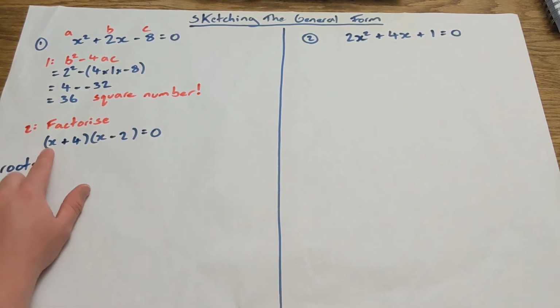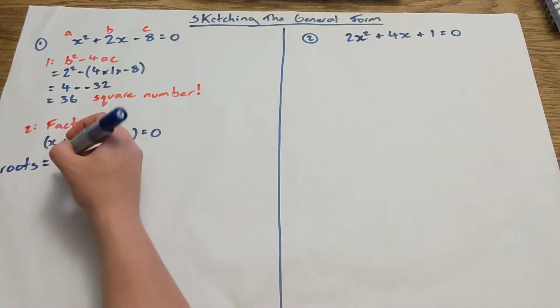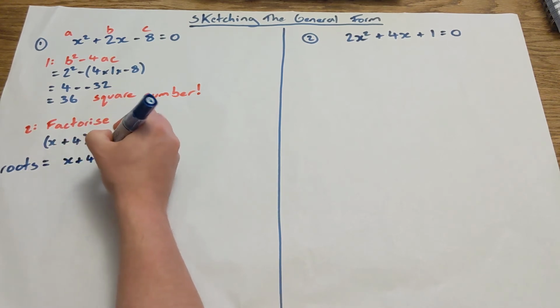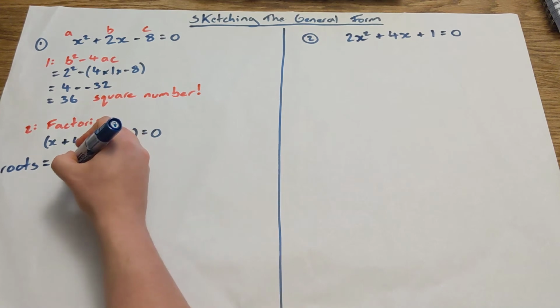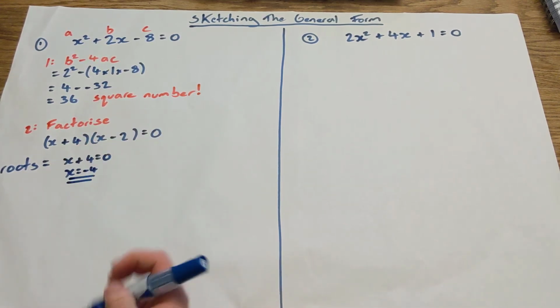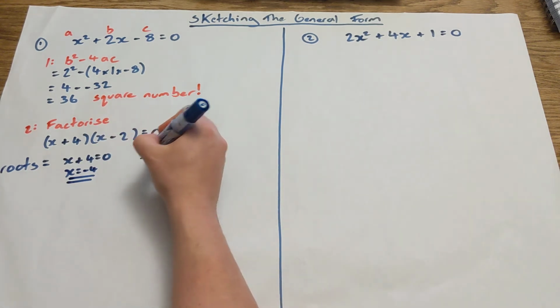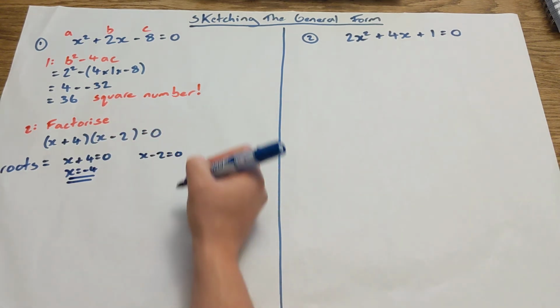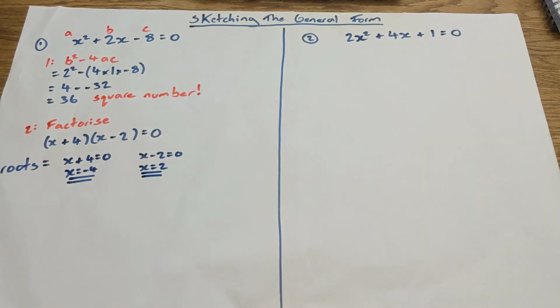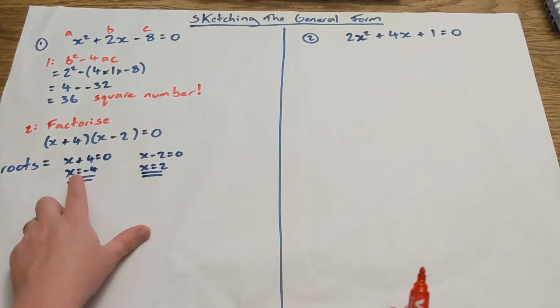So here, what would make this bracket be equal to 0? Let's do that one first. We want it to be x plus 4 equals 0. Well, that must mean x equals negative 4. That's one of our roots. For this one, this is x minus 2 equals 0, so that must mean x equals 2. And that's our other root. So we've got a lot of information already. We know our roots.